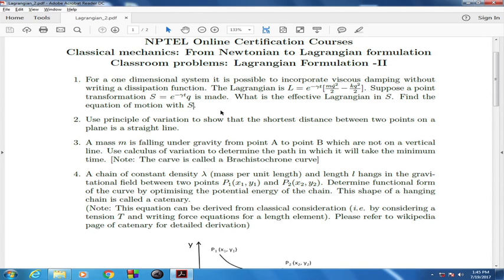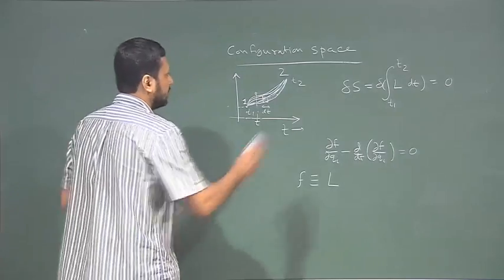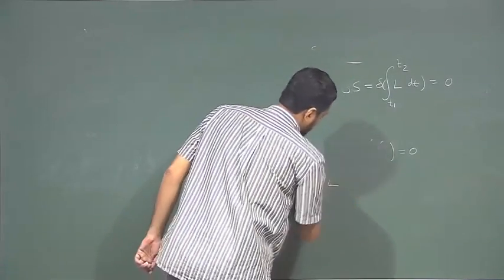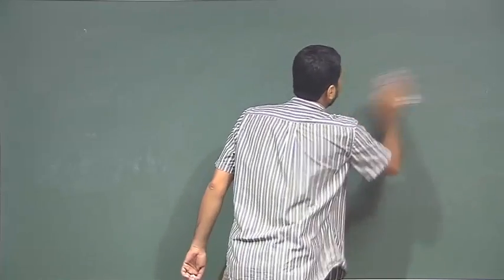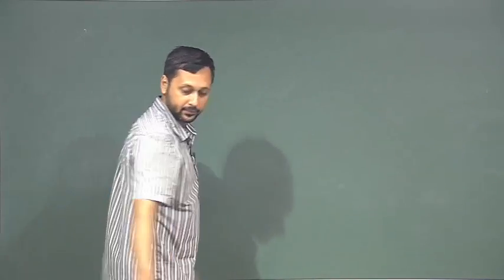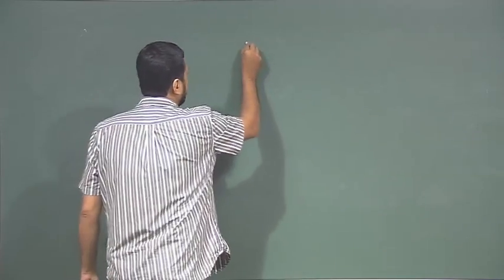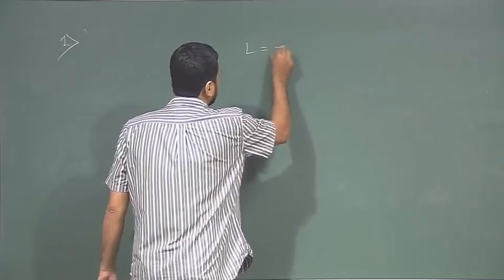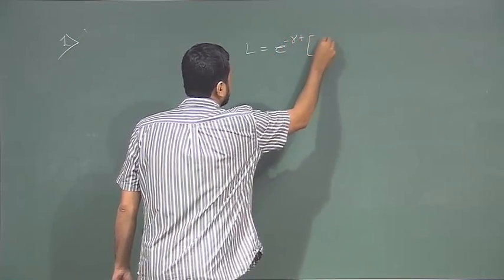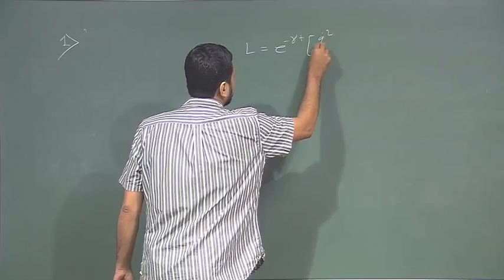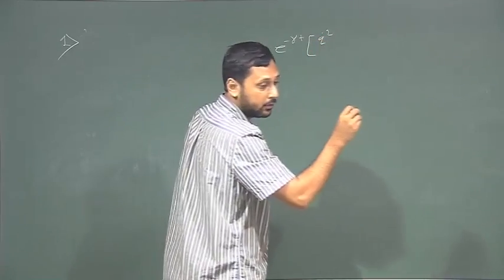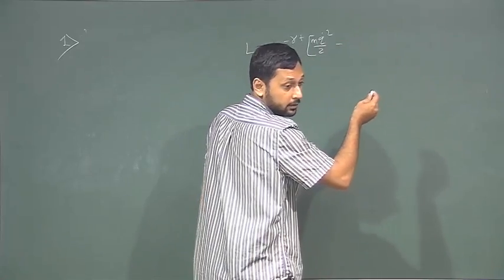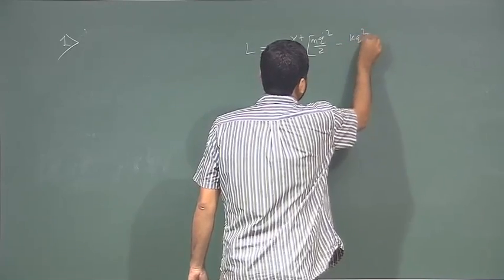Okay. We will come back to this very soon, but let us start with this simple problem. So, we have a Lagrangian L, problem number 1 of the problem set, e to the power minus gamma t m q dot square by 2 minus k q square by 2.